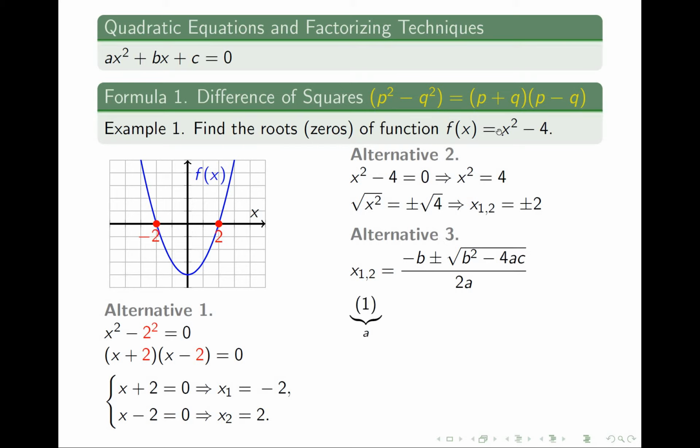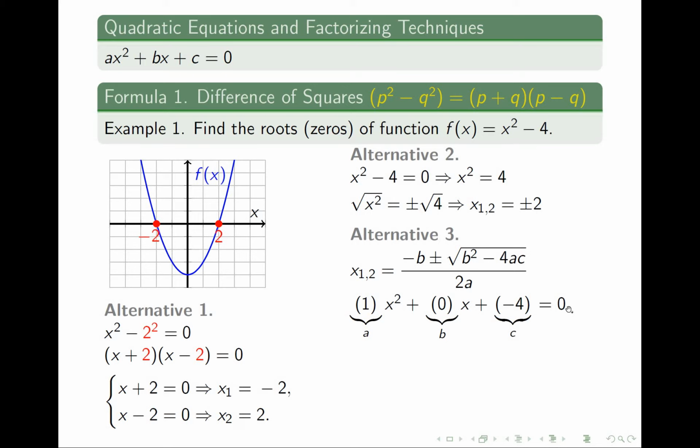We say, okay, a is equal to 1, and 1x squared, of course, is x squared, so 1 times x squared plus, we don't have any term times x, so b is equal to 0, so the whole expression is 0, and then plus minus 4, so c is minus 4, and we would like to find the roots of this equation.